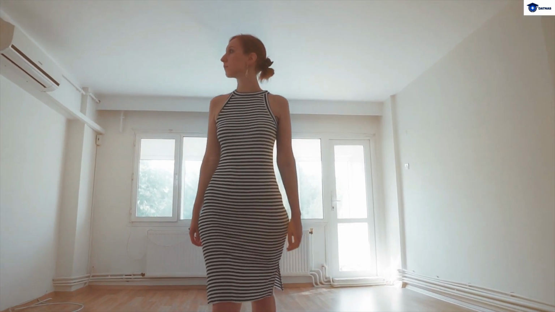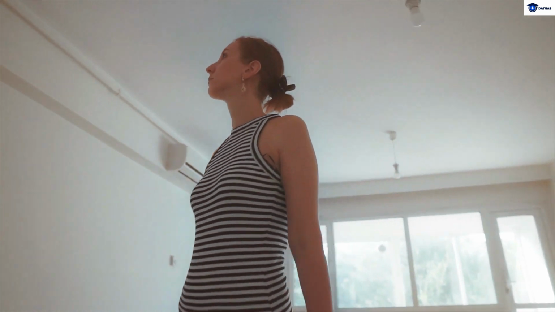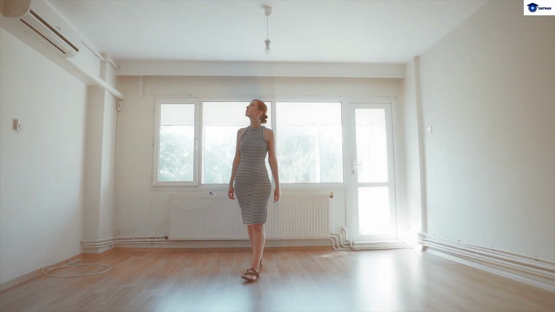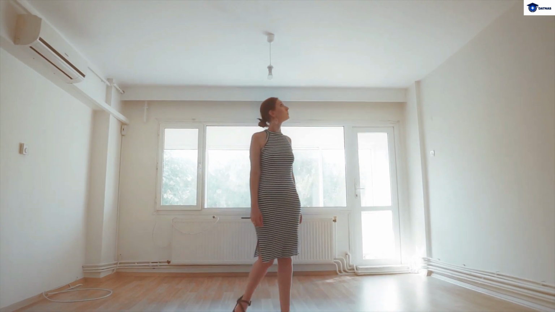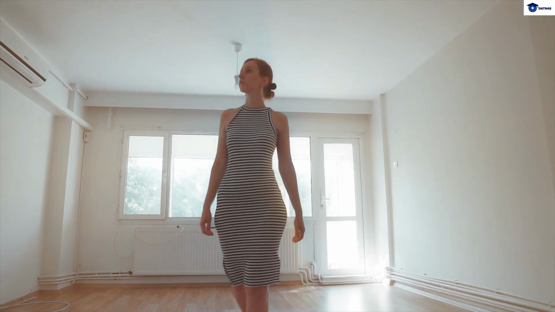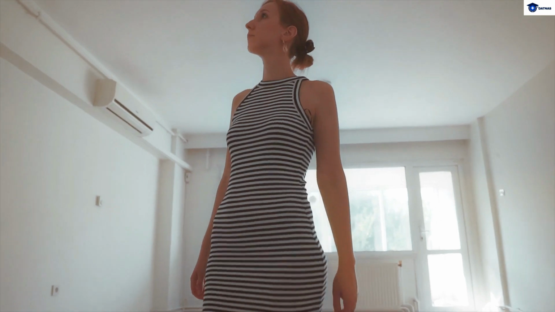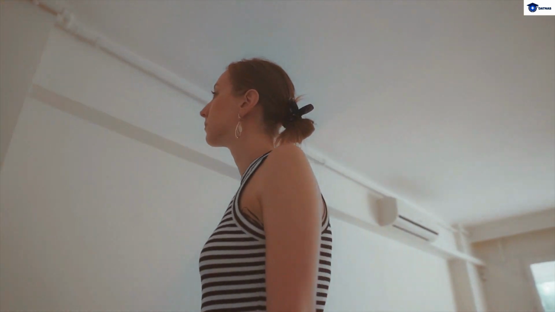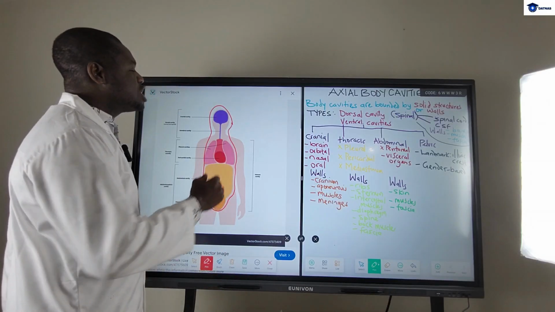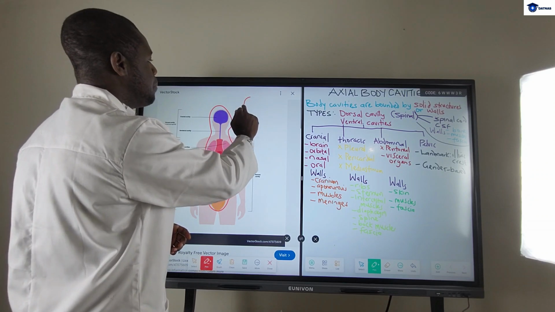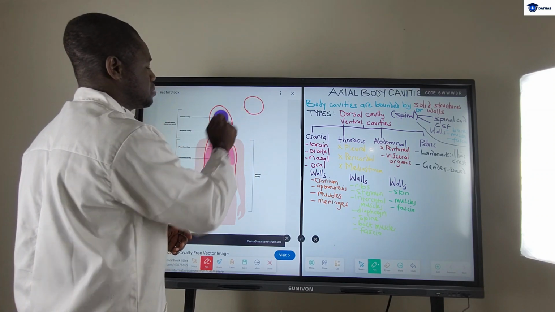We have the side walls, we have the doors, we have the roof and the floor. We can use the same concept to define a cavity in the body. A cavity is a space bounded by walls.